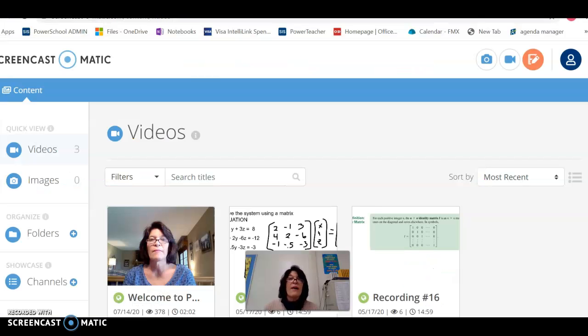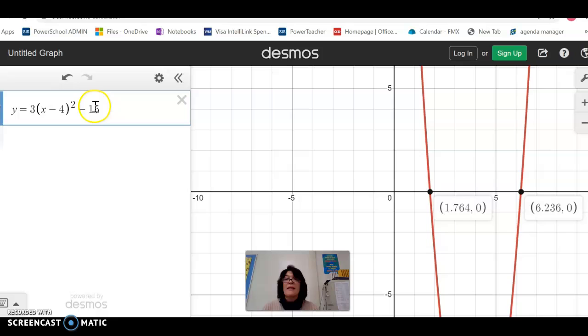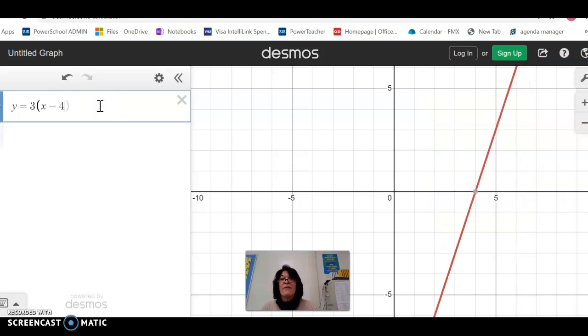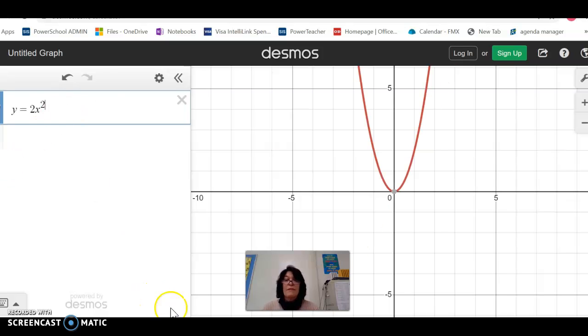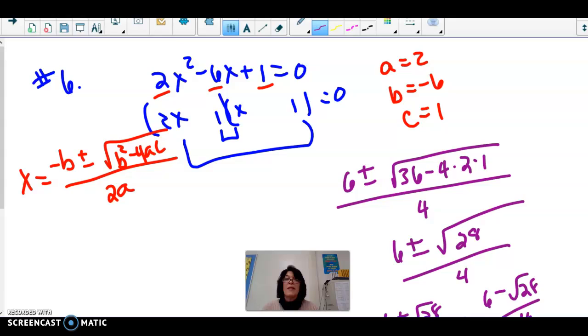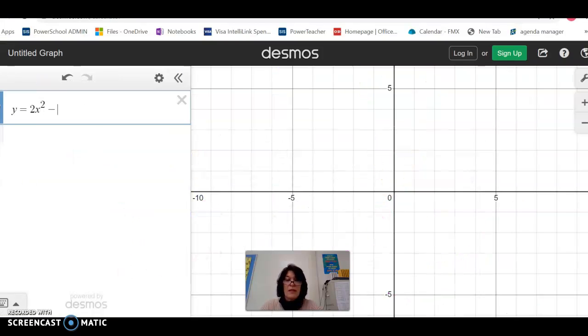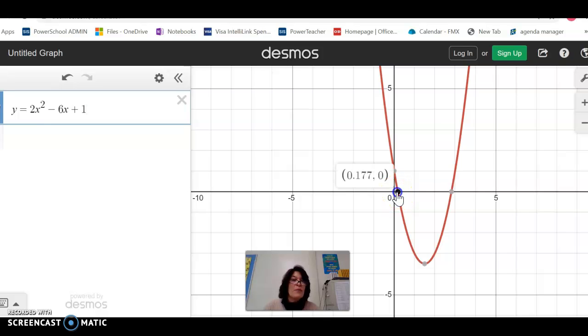If I feel like graphing that, I could always go to Desmos and graph y equals 2x squared minus 6x plus 1. When I graph it, I notice, oh, look at that, about 0.177 and 2.823.